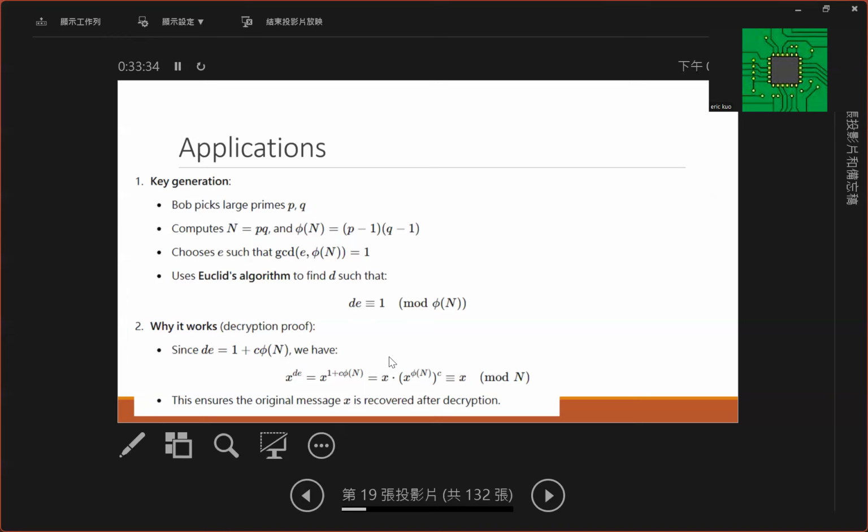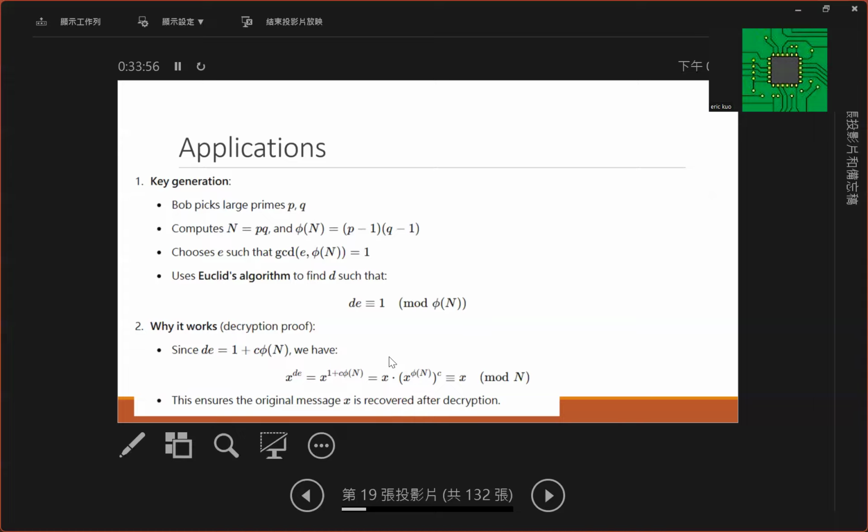So if you divide this equation by phi of n, you get de is 1 mod phi of n, because the other term is a multiple of phi of n and vanishes. That's the proof.